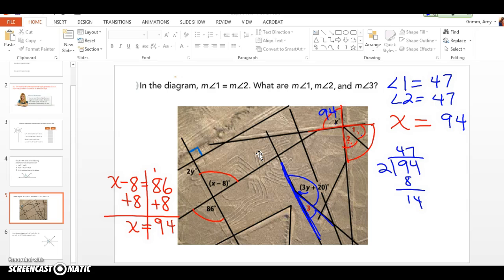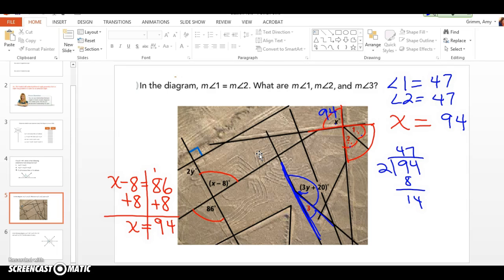You want to do the equation? Okay, now 3y plus 20. So what do we still have to know before we can write that equation? We probably need to know what y equals, don't we? So do you see another place we can figure out what y equals?